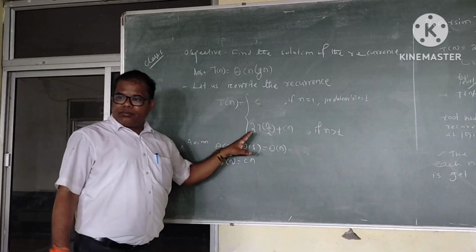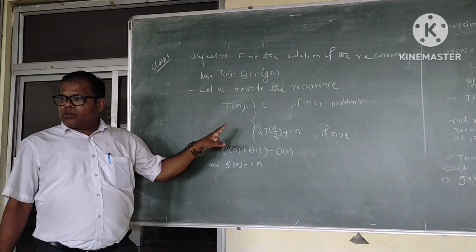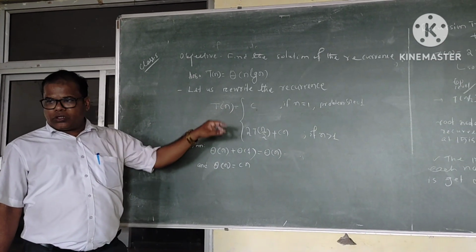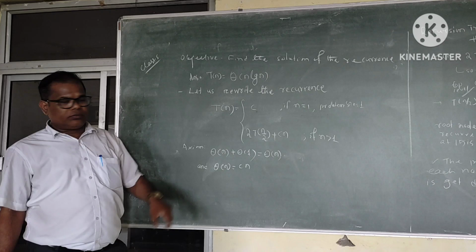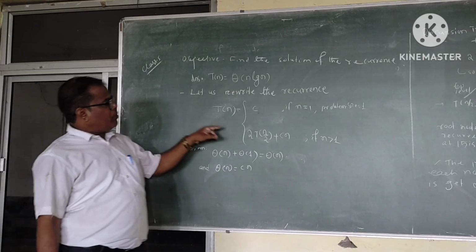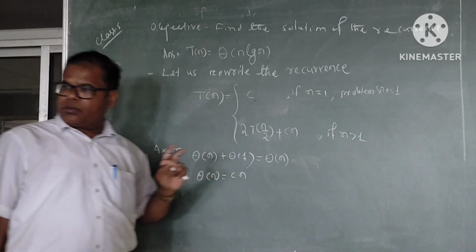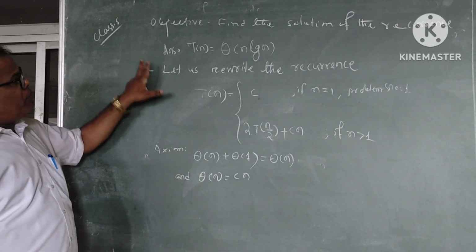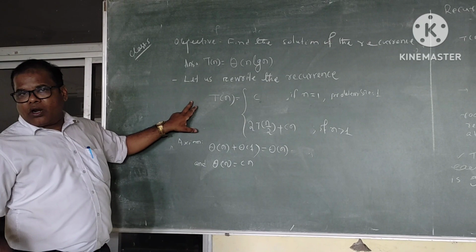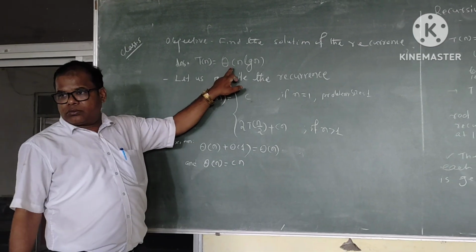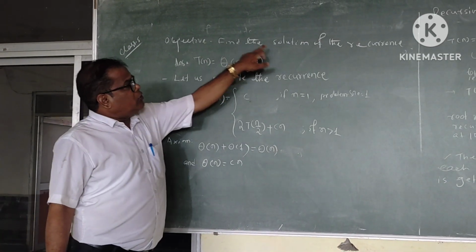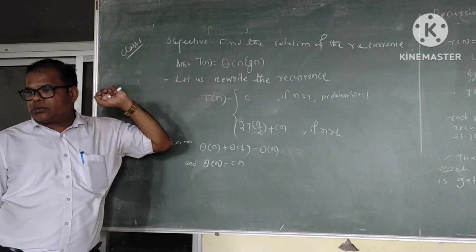Now we have written the time analysis of merge sort in abstract notation: 2T(n by 2) plus theta n. Our main objective is that the running time should be represented in theta notation, so find the solution of the recurrence in theta notation.